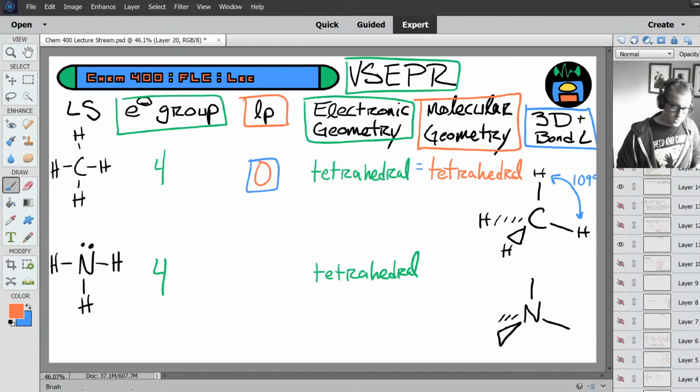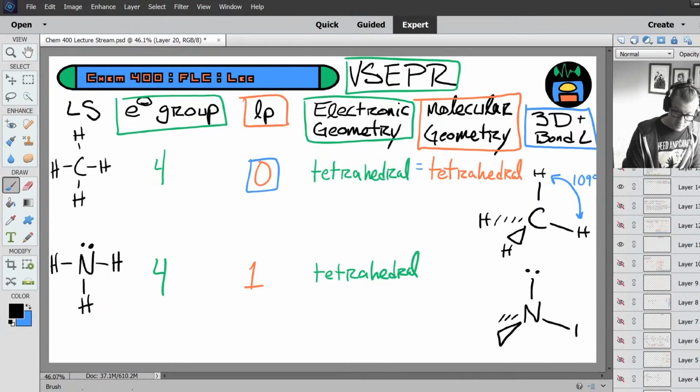Now, we know we have 4 electron groups. 3 are atoms, 1 is a lone pair. And that lone pair will change your molecular geometry and your bond angle. All right? To find our molecular geometry, let's go ahead and add our pieces. I'm going to put my lone pair here. It doesn't matter where. You can put it anywhere.